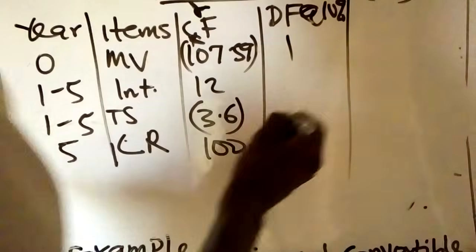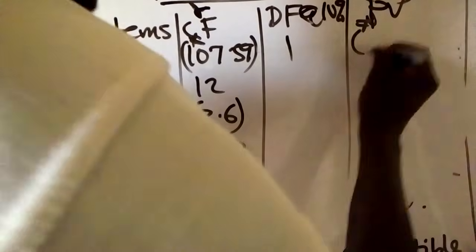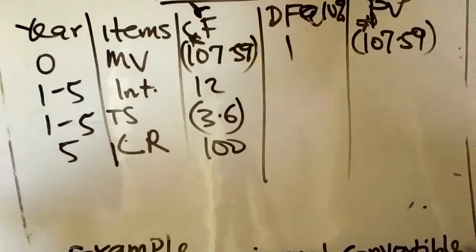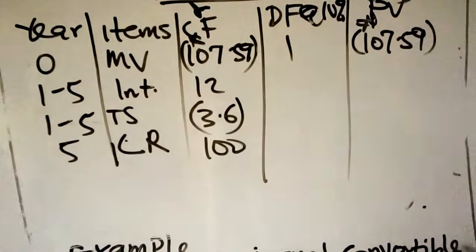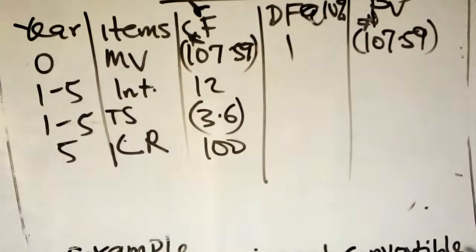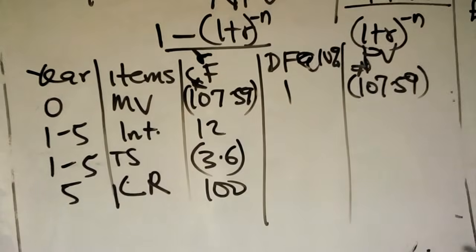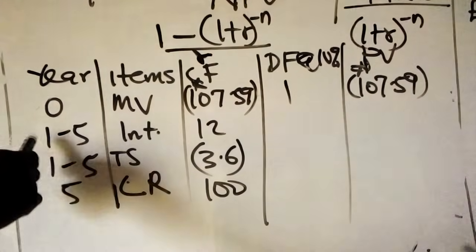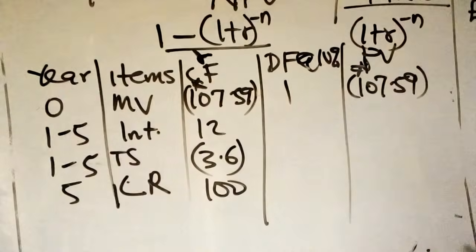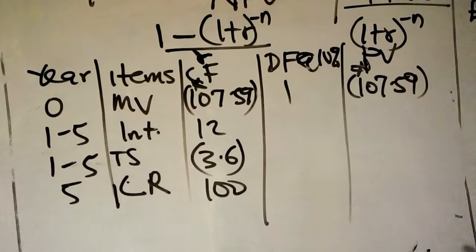At 10%, the present value will still be 107.59. Then let's try cumulative, the same formula we use. Since we need that of year 1 to 5, we are still going to use this formula, but we want to try 10%.